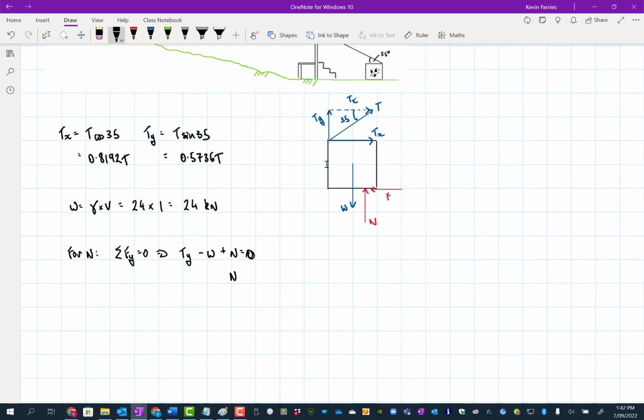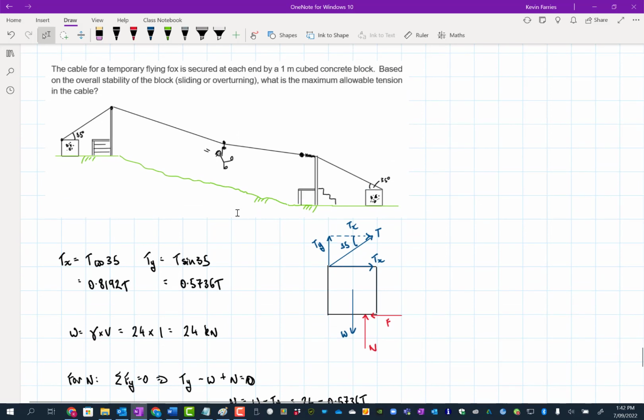So therefore, N is equal to W minus Ty, which is equal to 24, that's what W is, take away 0.5736 T. So we're now starting to find some of these values. It's going to be quite interesting to find a solution to this one.